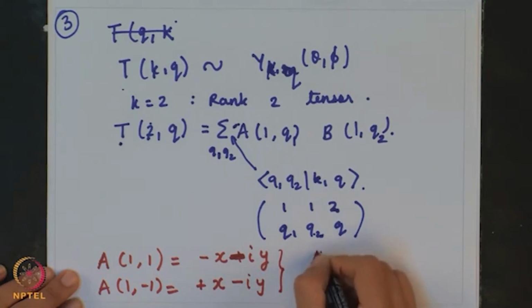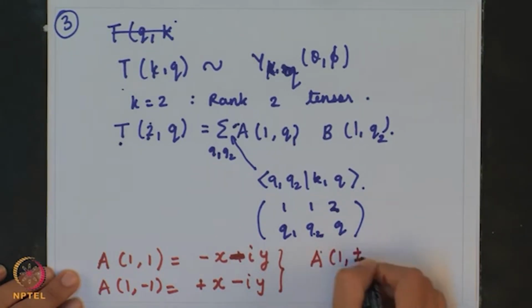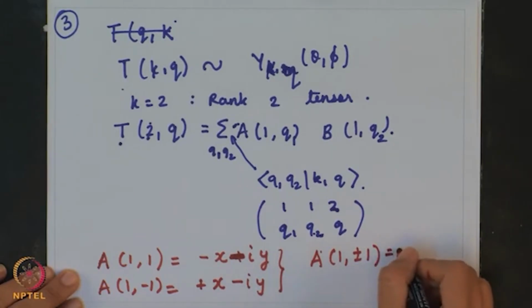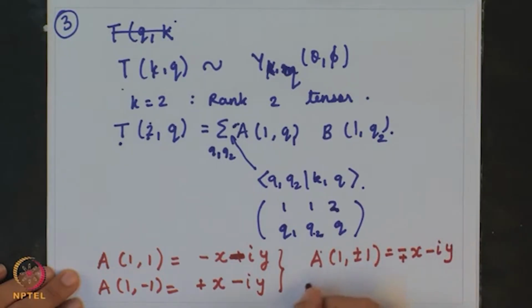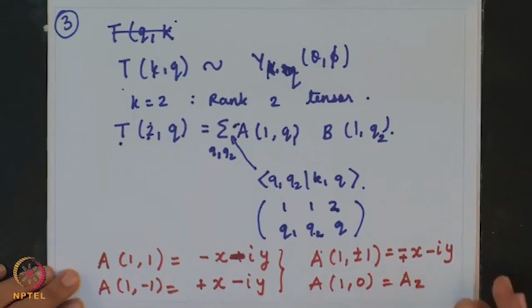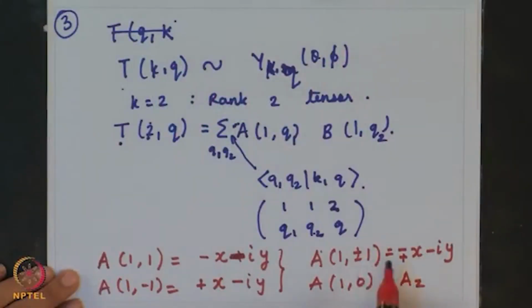In general, let me write A1 plus minus 1 as minus plus x minus iy, and A10 is the z component, Az. With this we can evaluate directly, or here you can just write it as z.